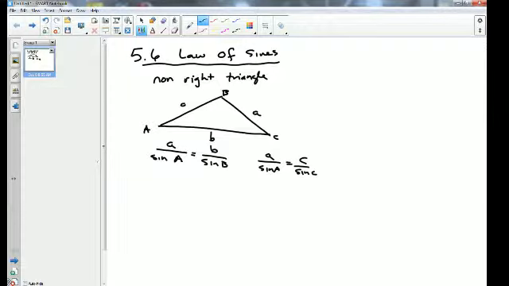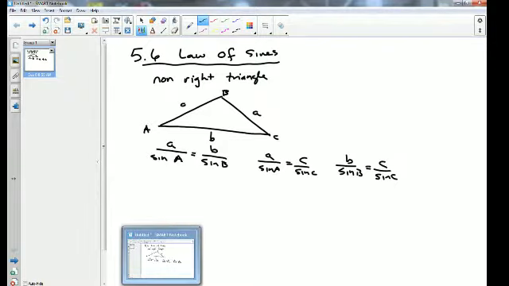No, it's just a triangle, right? So any of these work. The last one would be B over sine B equals C over sine C, correct? Right, so any of those three ratios will hold.